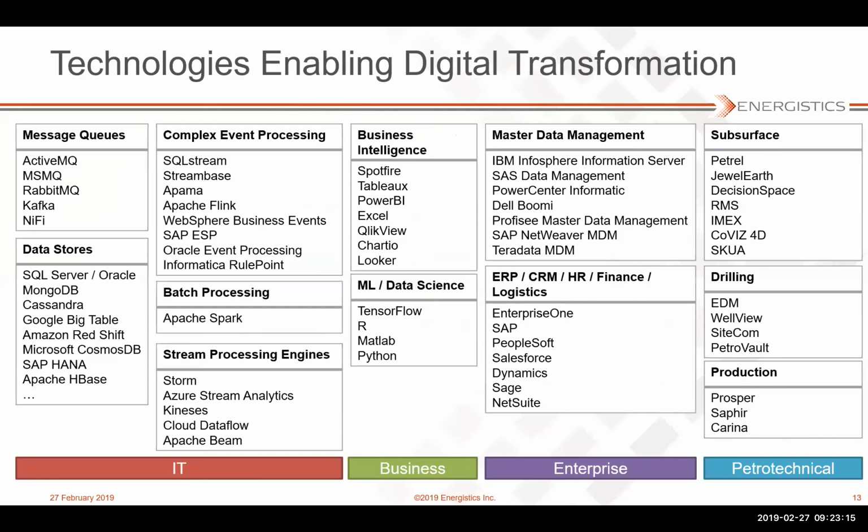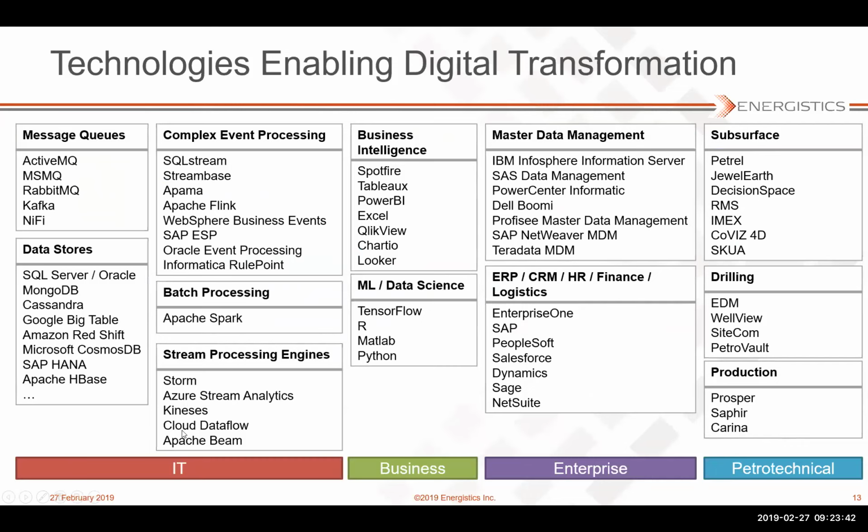And here's another big grab bag of technologies that people are building on to create these digitally transformed solutions. So again, you've got a whole host of these message queues and data stores, complex event processing frameworks and batch processing and stream processing frameworks. And these are just a small subset of what's out there.